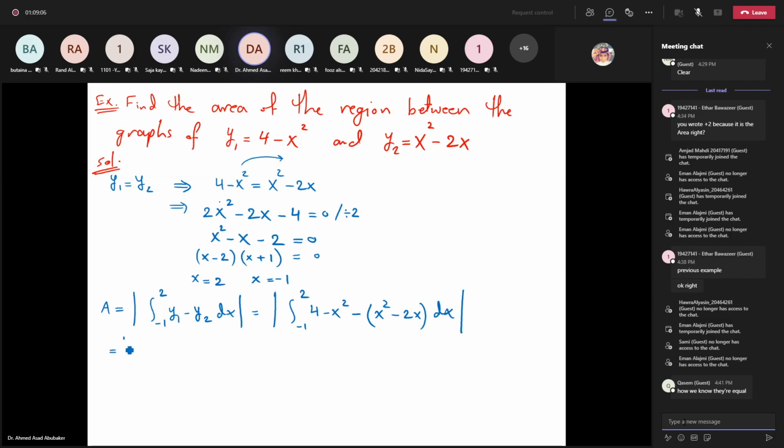This equals the absolute value of the integral from minus 1 to 2 of 4 minus 2x squared plus 2x, dx. So this equals 4x minus 2x to the power 3 over 3 plus x squared. We need to substitute 2 and negative 1.